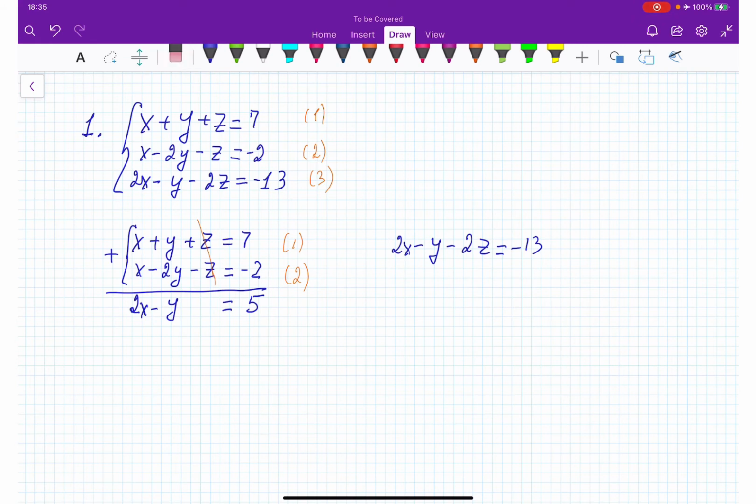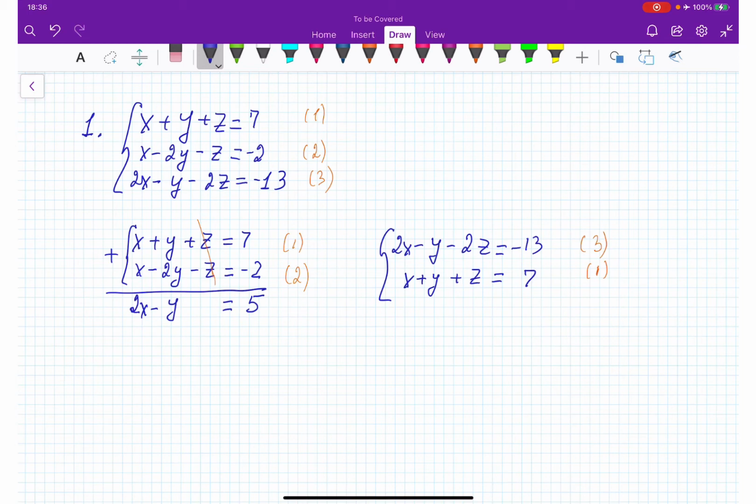Okay, so this is the third. Now I'm writing down the first one. I'm sorry, I decided to take the first one. Okay, x plus y plus z is equal to 7.